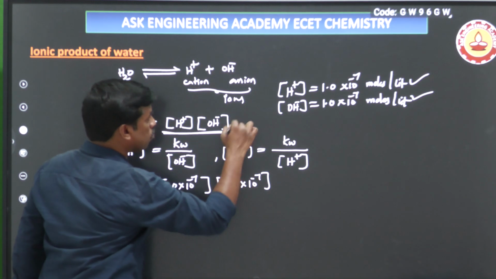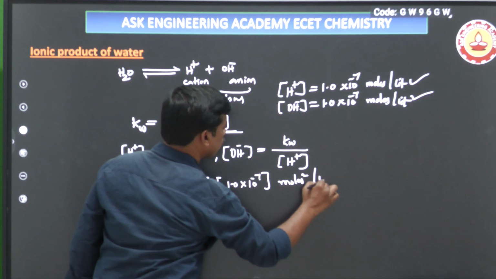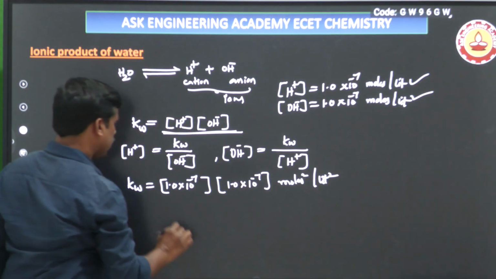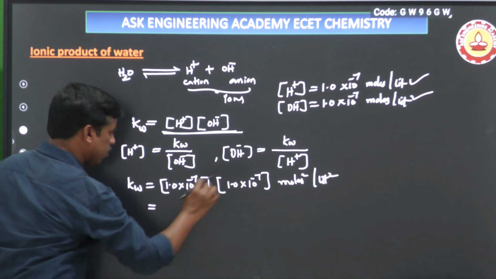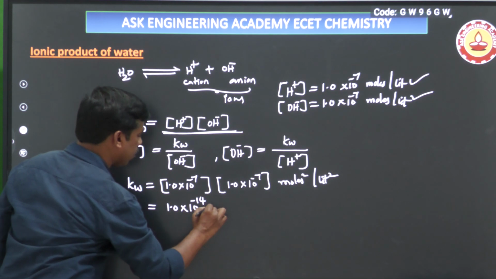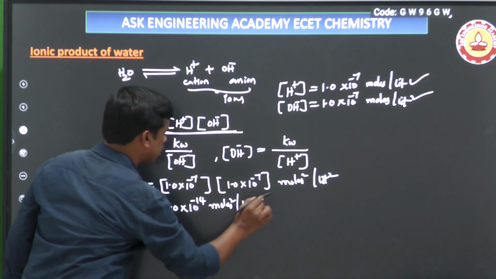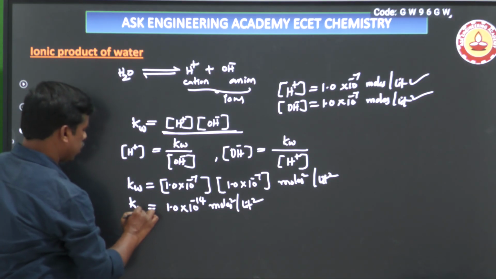What are the units? Mole per liter times mole per liter gives moles square per liter square. The final value on multiplying is 1.0 into 10 to the power of minus 14 moles square per liter square. That is Kw of water.